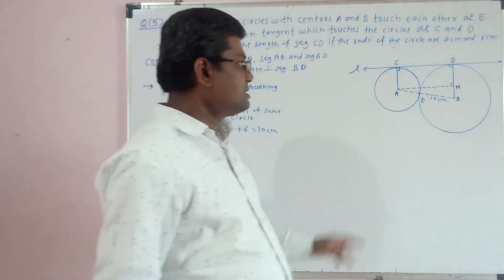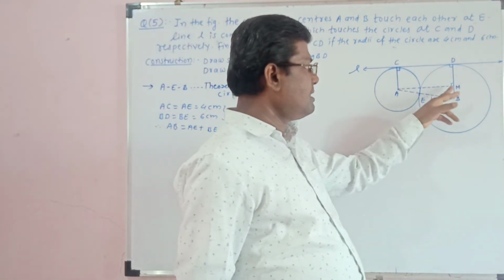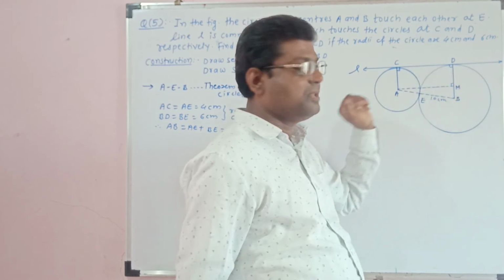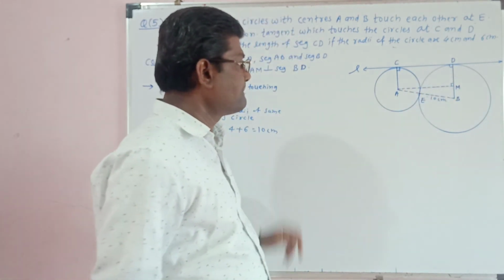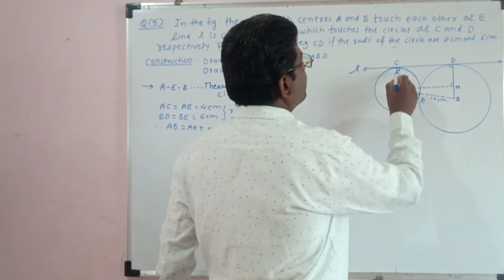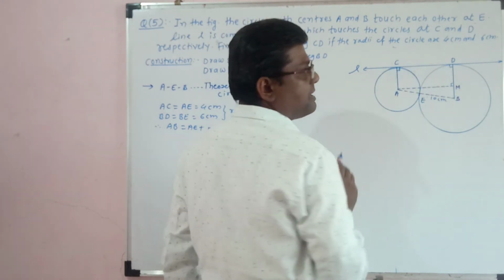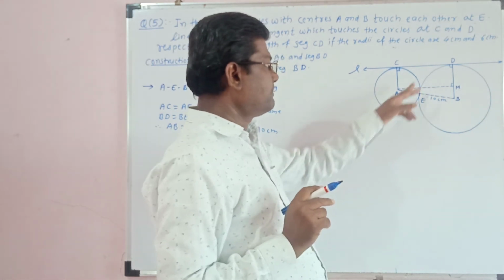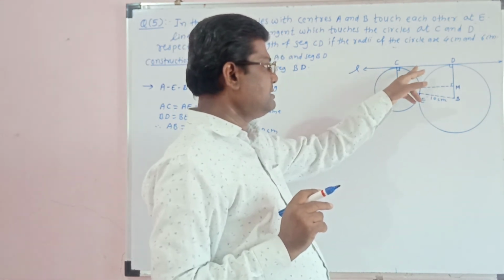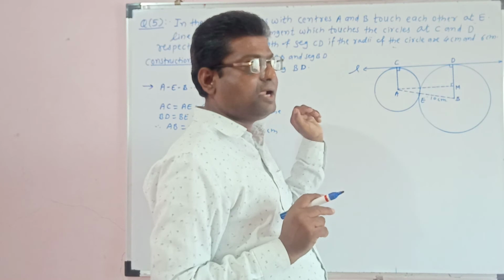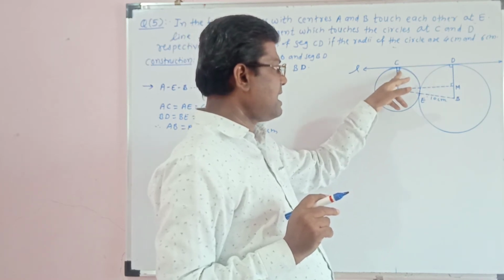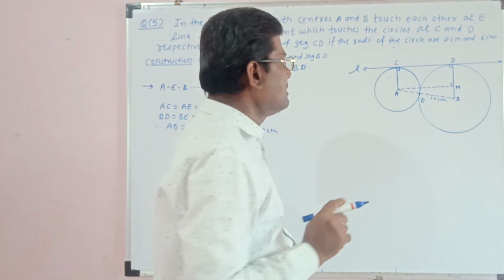Now by construction, AM is perpendicular to BD. Therefore this angle will be 90 degrees, and this angle ACD is 90 degrees. This is due to the tangent theorem. Line L is a tangent and AC is a radius, so the angle between tangent and radius is 90 degrees.